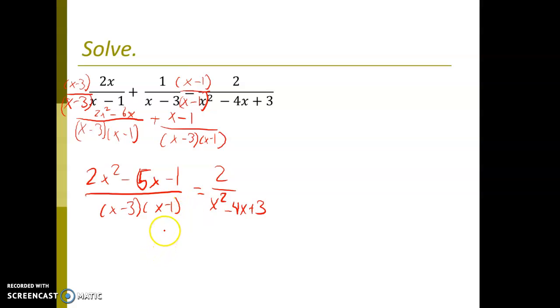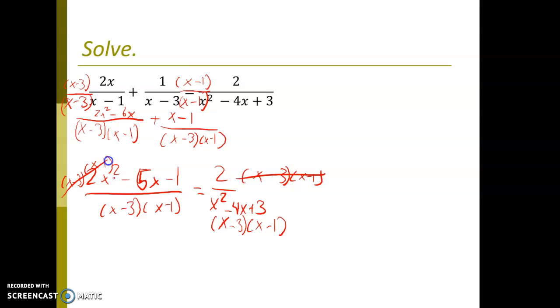However, there is one thing that we can do with this. If we factor this x squared minus 4x plus 3, we can see that, hey, look at that, it factors into what we had on this side here. So what we can do is multiply both sides by x minus 3 times x minus 1.